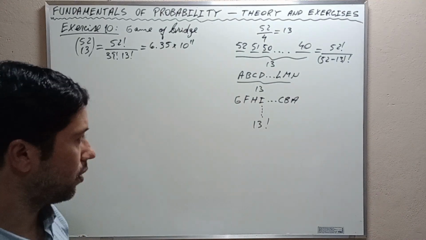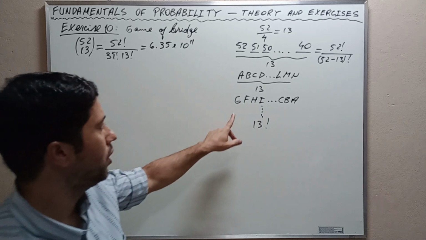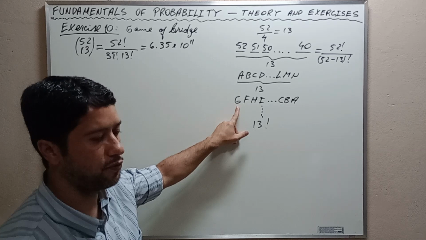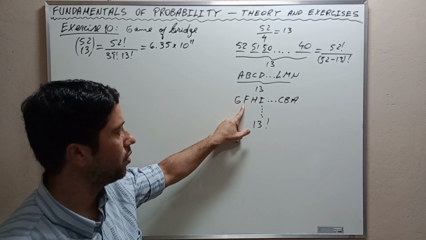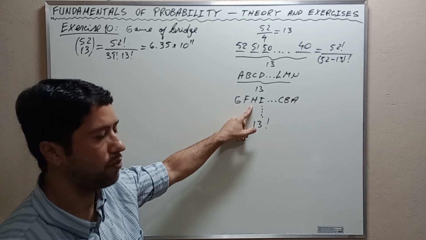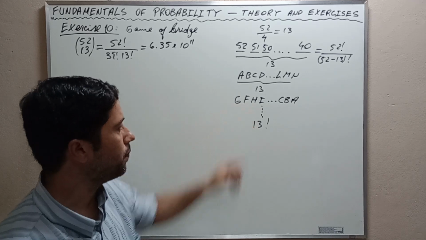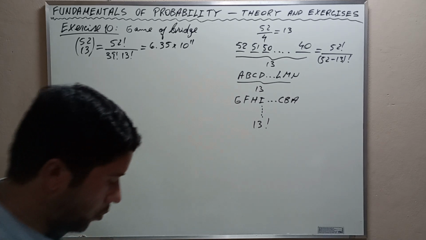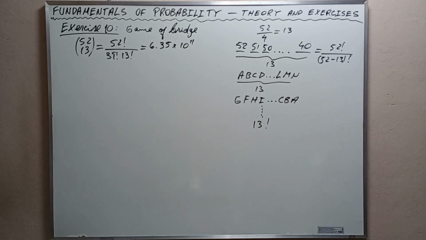But it is possible that card G can be dealt first, card F can be dealt second, card H can be dealt third, okay? And there will be 13 factorial repetitions of the same hand with the same cards, okay? Meaning that although these hands have the same cards, the sequence in which they were dealt is different.